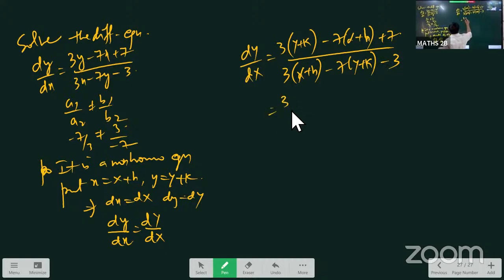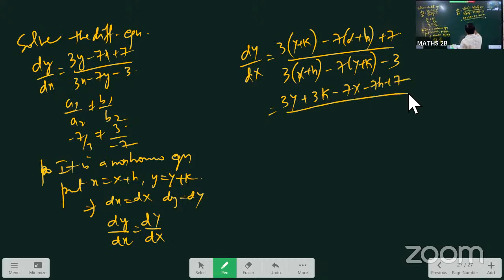That I am going to get it as 3y plus 3k minus 7x minus 7h plus 7. Open the brackets: 3x plus 3h minus 7y minus 7k minus 3.